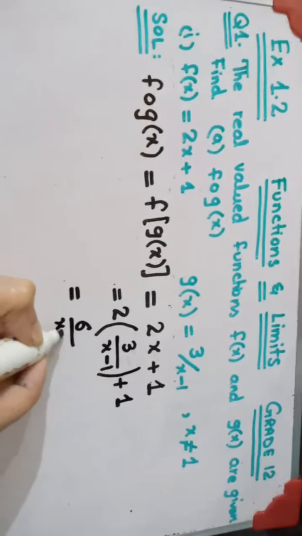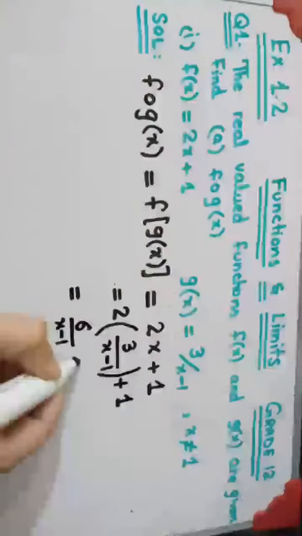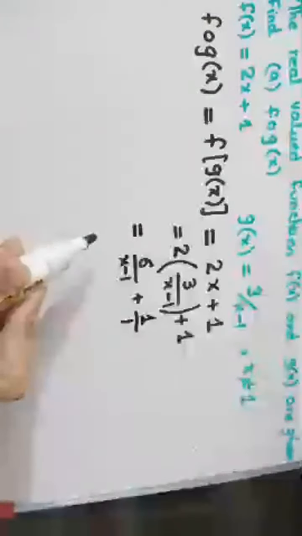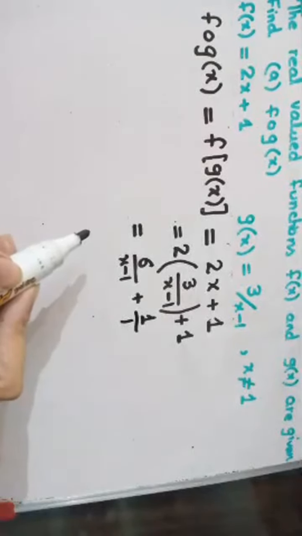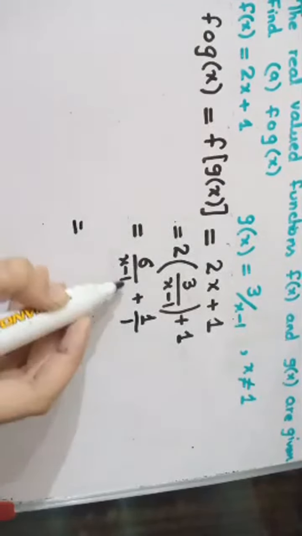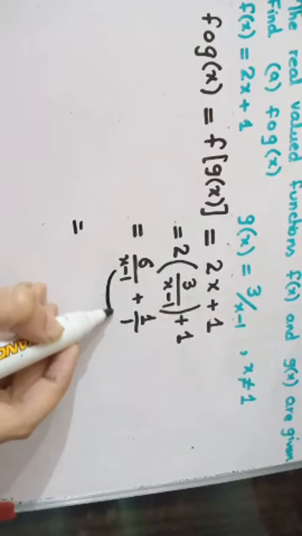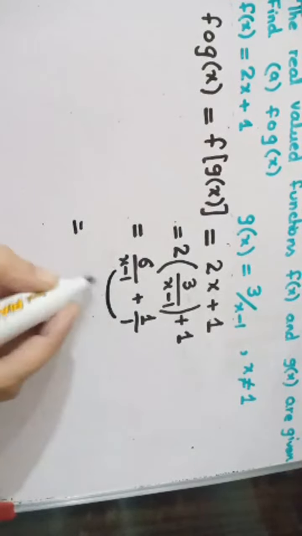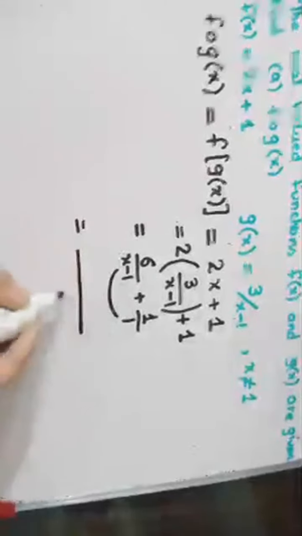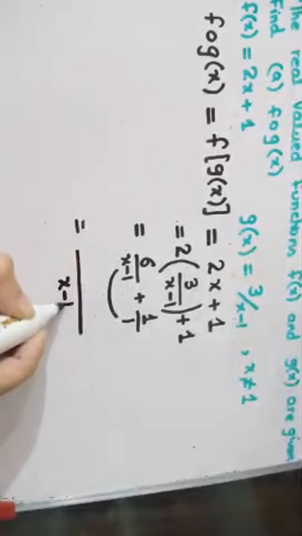It will become 6 divided by x minus 1 plus 1 divided by 1. As you can see, we have already learned a trick for the LCM. We will multiply both the values written here in the denominator. After multiplying x minus 1 with 1, we will get x minus 1.